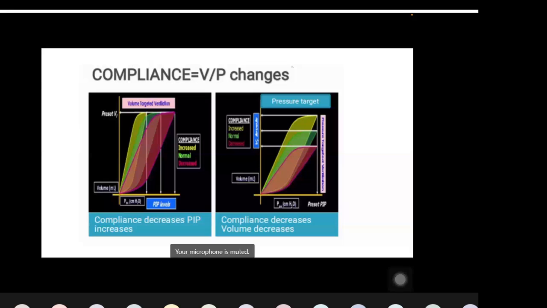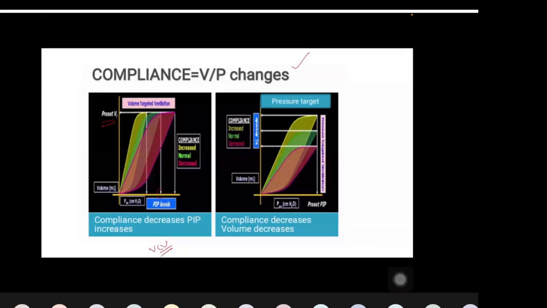First we will see volume control ventilation. You can see here this green loop that is shown is the normal. In volume control ventilation, we set a target volume and the pressure changes according to that. Once the target volume is attained, the peak inspiratory pressure that is seen is within a normal limit.